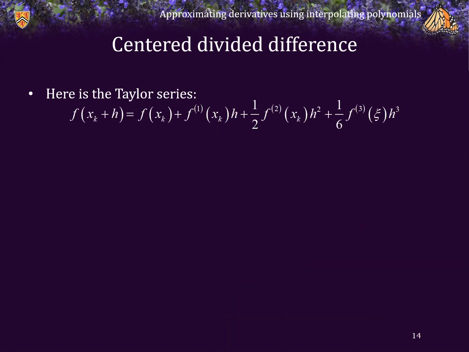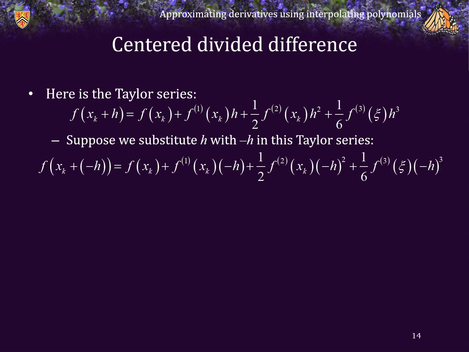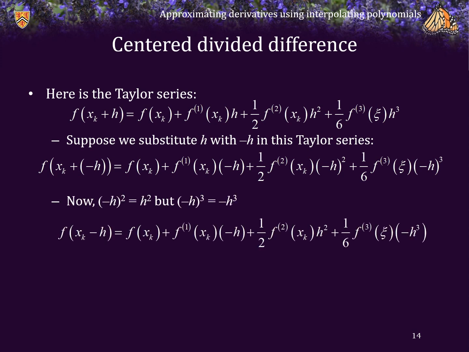All right, here we see a second-order Taylor series for f at x k plus h. But the formula we have also has f at x k minus h. Well, suppose we substitute h with minus h into this Taylor series. Now, taking a look at this, we do observe that negative h all squared is equal to h squared.